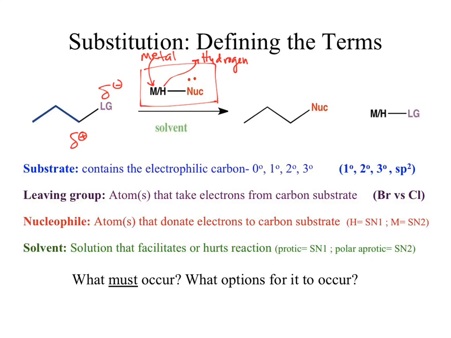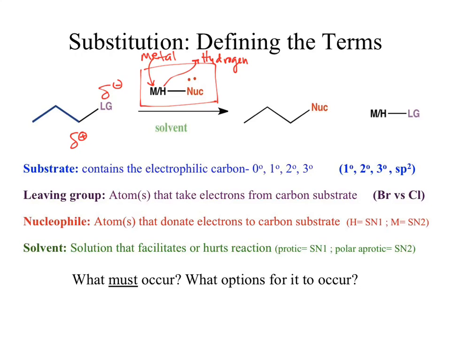It now has more electrons, so the nucleophile becomes negatively charged. What does that mean about its reactivity? More reactive. If we switch it to a hydrogen, hydrogen has higher electronegativity than most metals, so we get a stronger bond between the nucleophile and that extra atom. That stronger bond means that the nucleophile is sharing its electrons with something else. What does that do to the reactivity of the nucleophile?